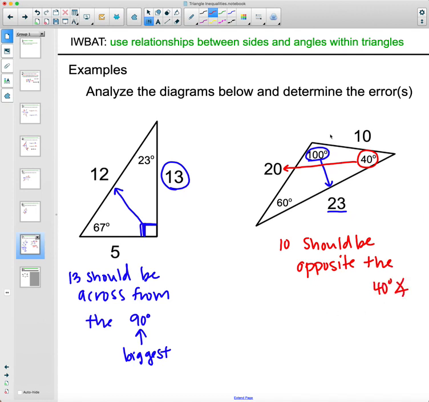And there's actually another mistake in this one if you see it: the angles don't total 180 either. 100 plus 40 plus 60 does not equal 180 degrees, and it always has to in a triangle. So this one doesn't have the correct sides across from the correct angles, but it also doesn't have the correct interior sum.